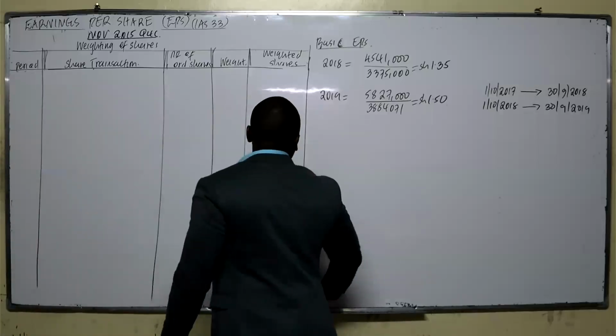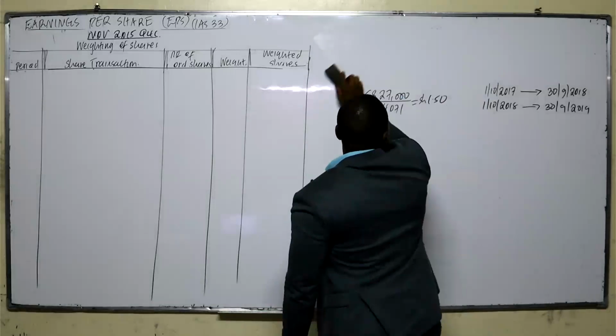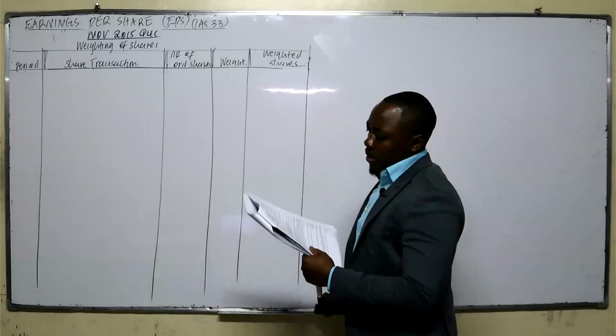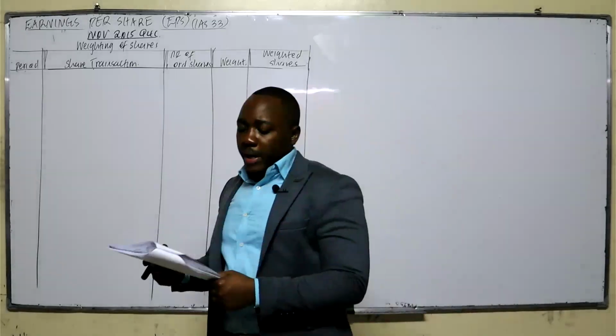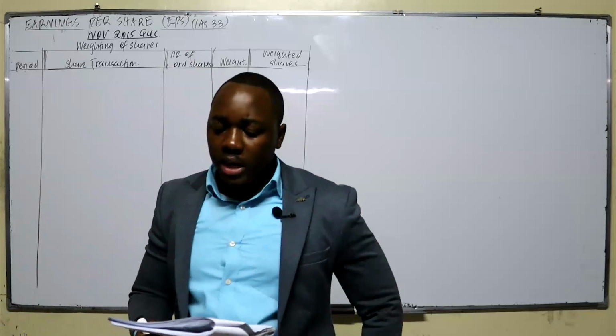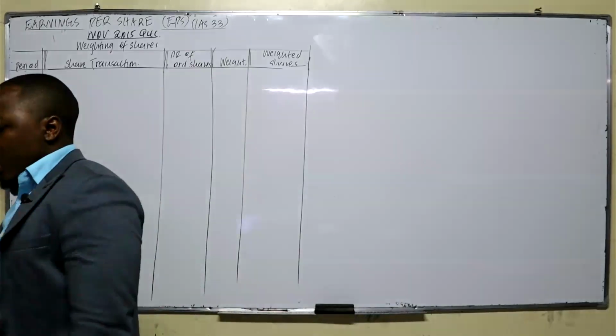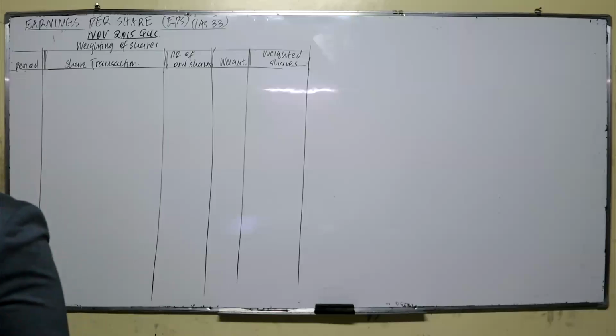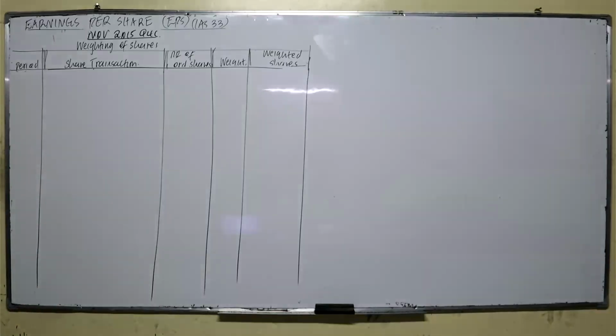Start with part B of the question. Part B, I told you, evaluate the potential problem that an investor might encounter in placing undue emphasis on the earnings per share figure. First of all, understand the question.